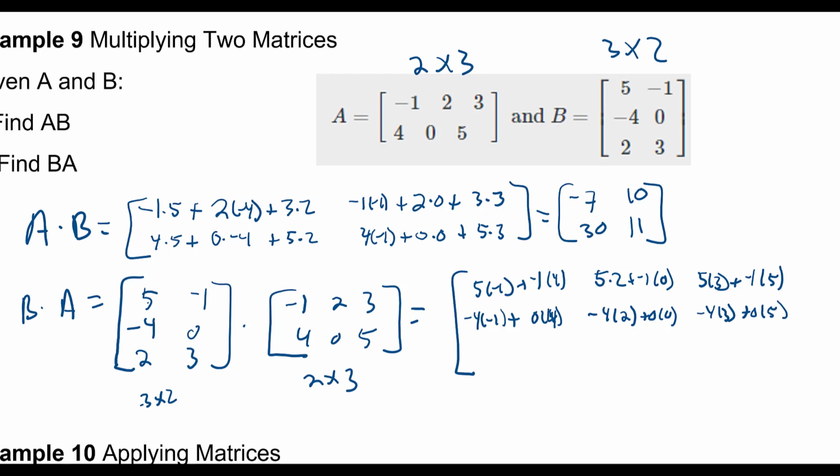And then we'll do 2 times -1 plus 3 times 4. Then we'll do 2, 3 times the 2, 0. So 2 times 2 plus 3 times 0. Then we'll do 2, 3 times 3, 5. So 2 times 3 plus 3 times 5.